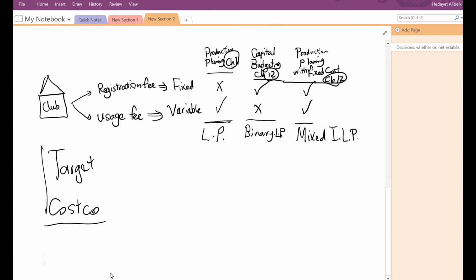If you go to Target, you don't have to pay any fixed costs. You can simply go ahead and make your purchase, and at the end, depending on how much you purchase, you pay a variable cost. So the cost is variable, and your decision, if you go to Target, is how much to buy.